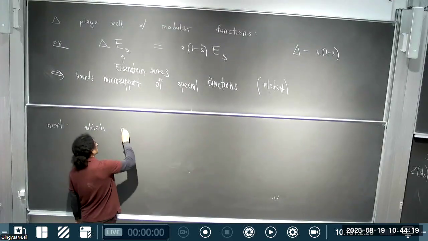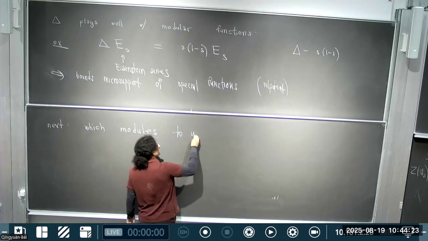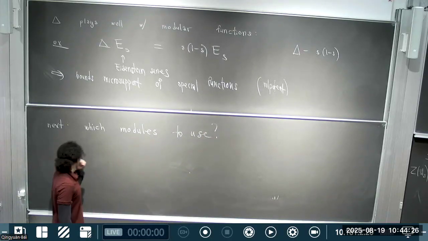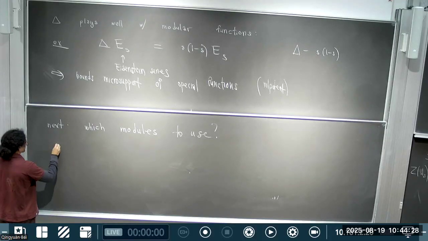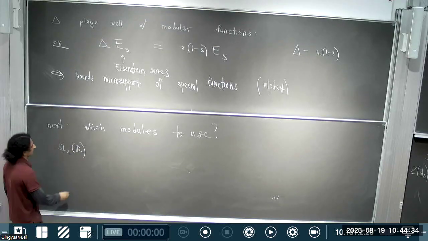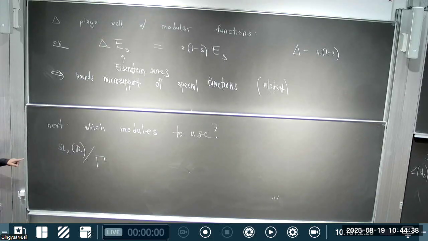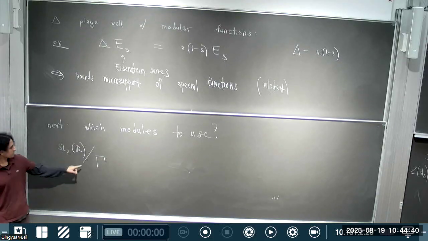And again, for this, we look at the picture. There was SL2R, modulo the clever subtle arithmetic bit, the global bit gamma.